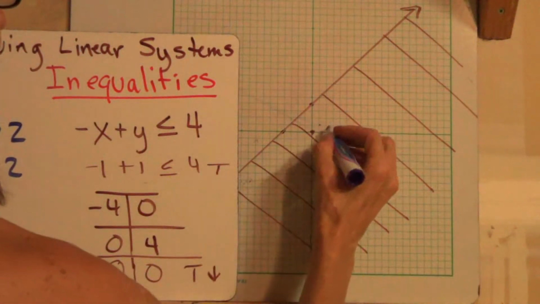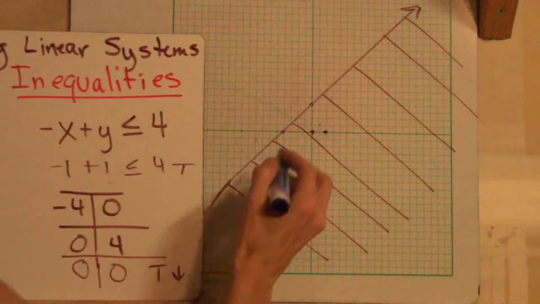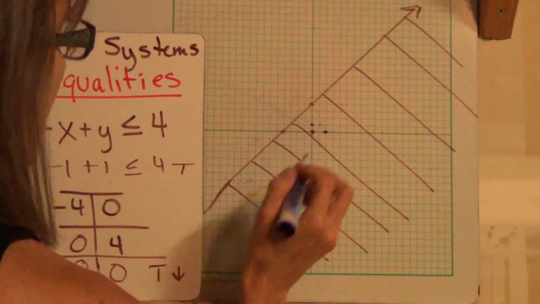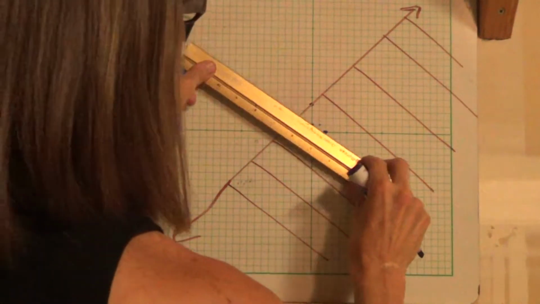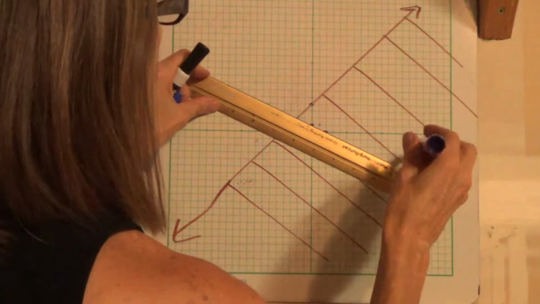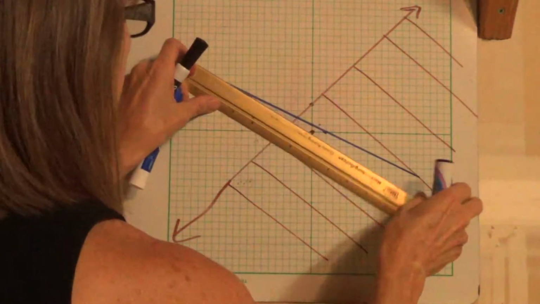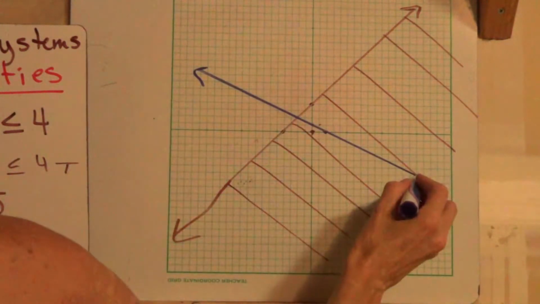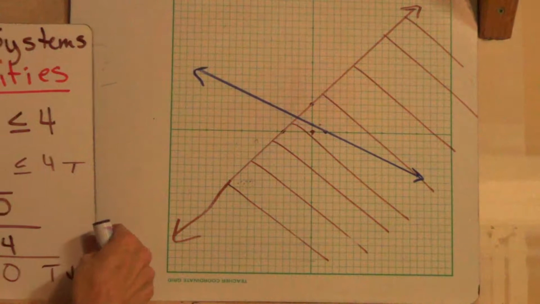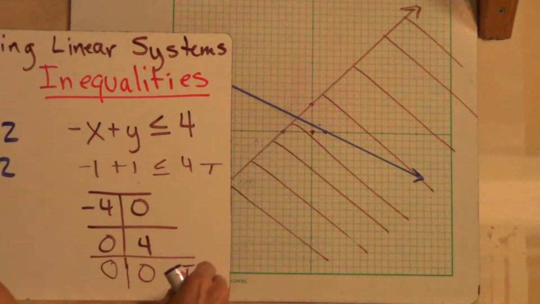So I go over to 2, 0, then 0, 1, and then I use my ruler on that. Okay, now I've got to plug in a few points here. Let's go to the 0, 0 side again.